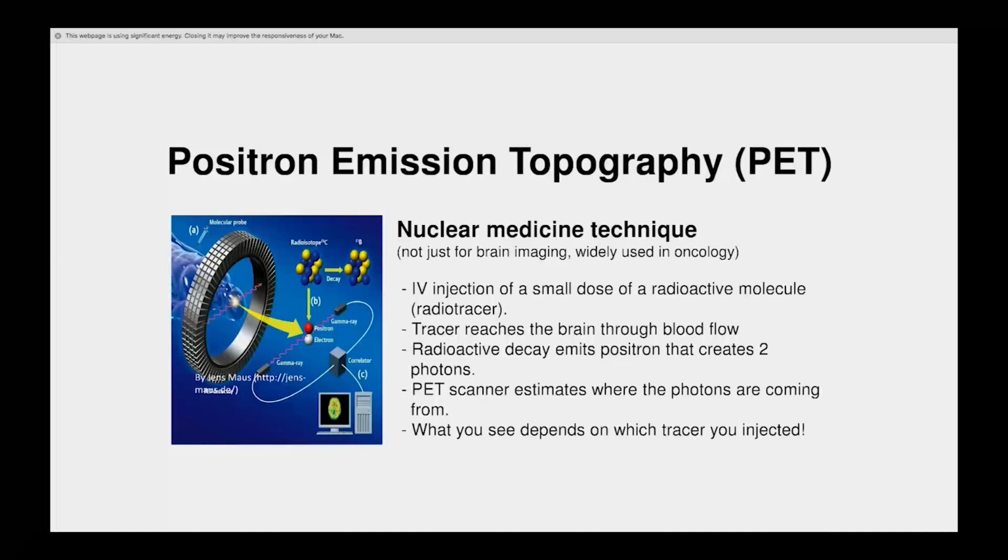Then we inject the blood with that substance, and it goes through the bloodstream and reaches our brain, because our brain is receiving blood all the time from the heart. Then, depending on what we tagged it with, it will go to places in the brain.